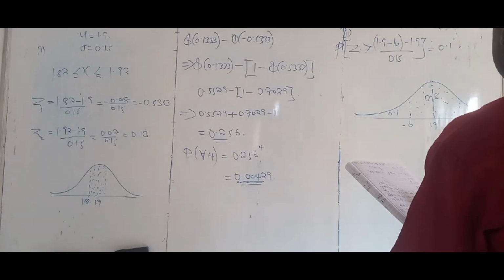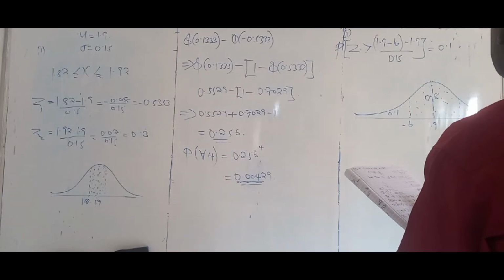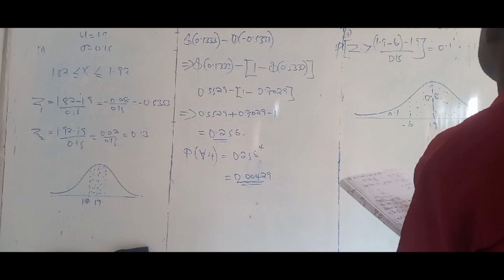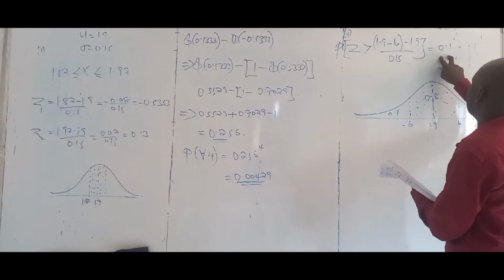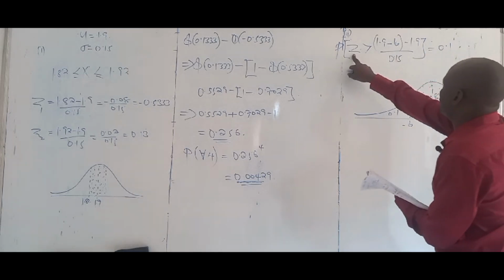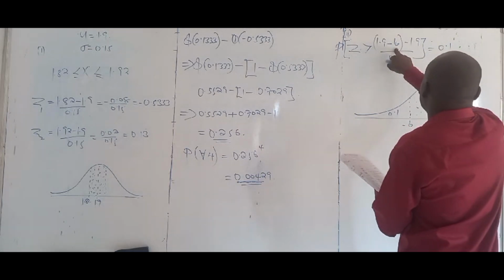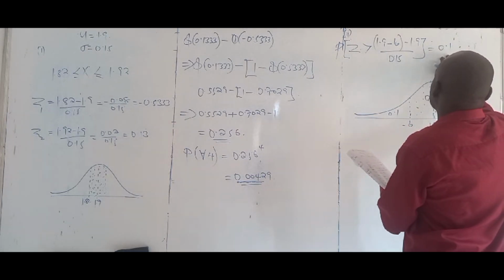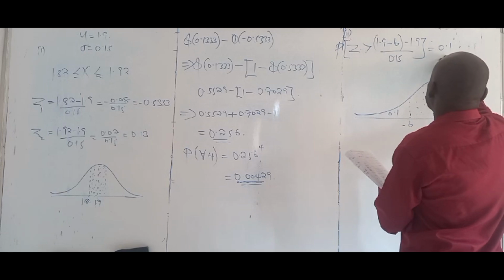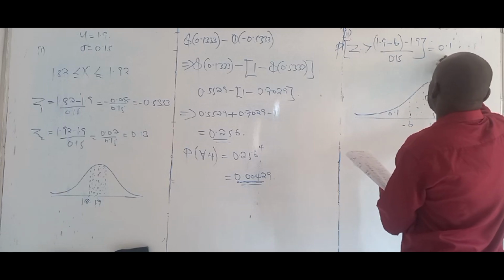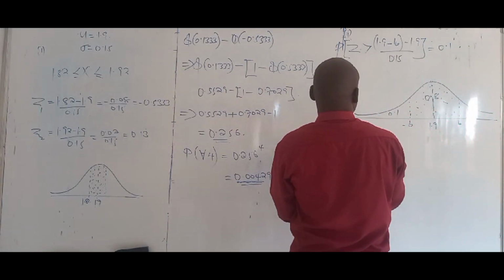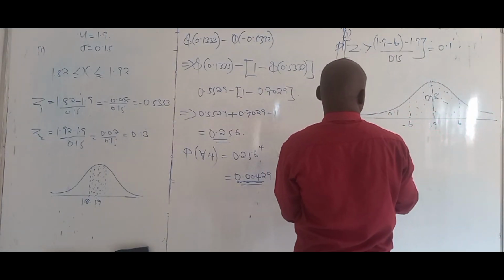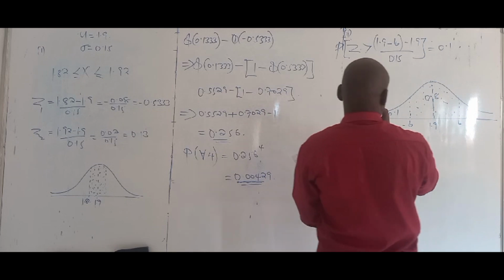So we check the Z value that corresponds to this probability within the table, then equate it to this for us to get B. But I'll show you how that works in our standard normal tables. If you do that, you should find that the Z value is 1.282. I'm about to show you that.